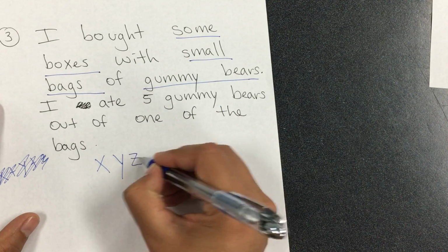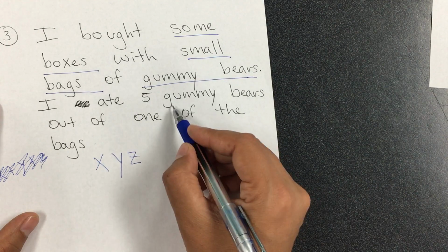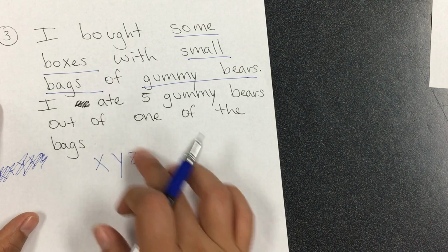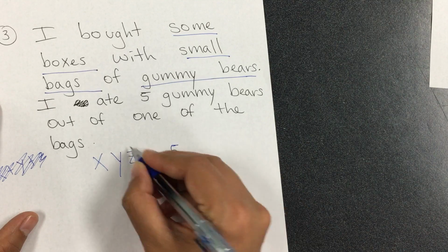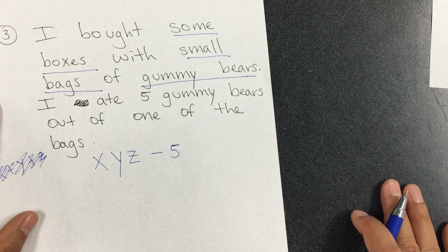We don't know how many gummy bears, so we put another variable. I ate 5 gummy bears. So this whole thing, the unit is gummy bears. So meaning that out of all those gummy bears, I'm just going to subtract 5.